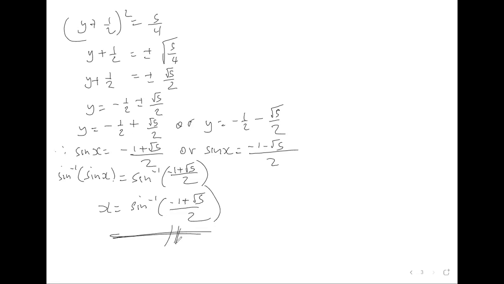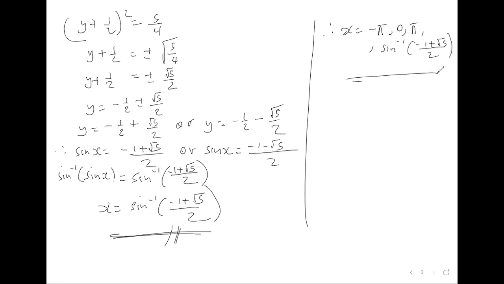Now you conclude. Therefore, x is equal to -π, which you had gotten from the other equation, 0, π, and sin inverse of -1 plus root 5 over 2.